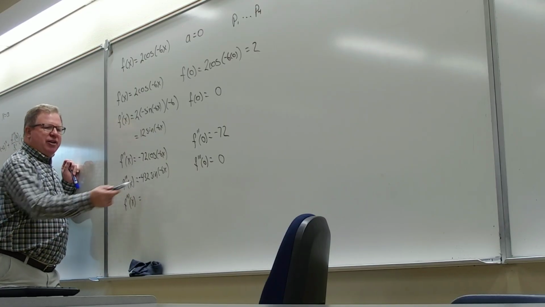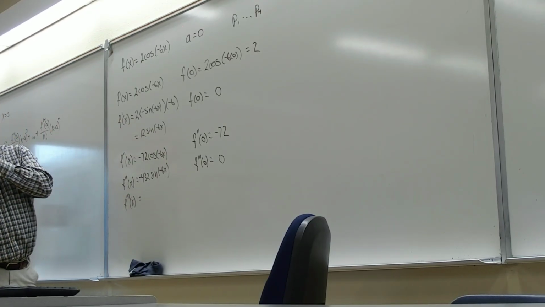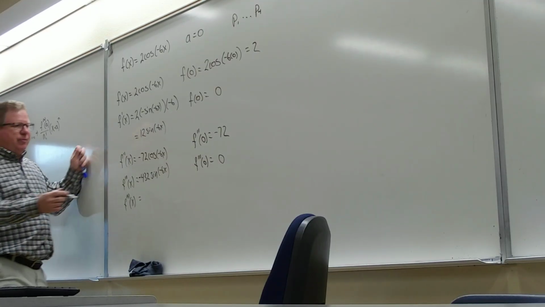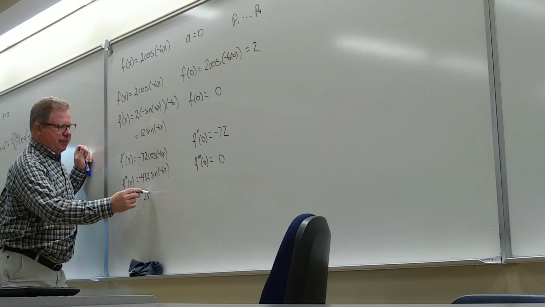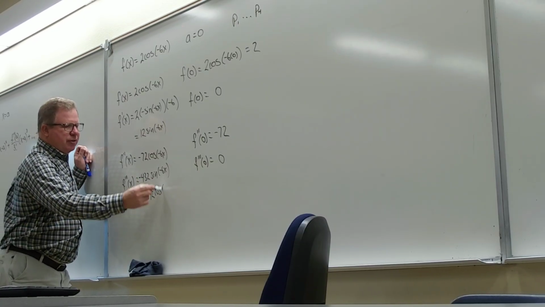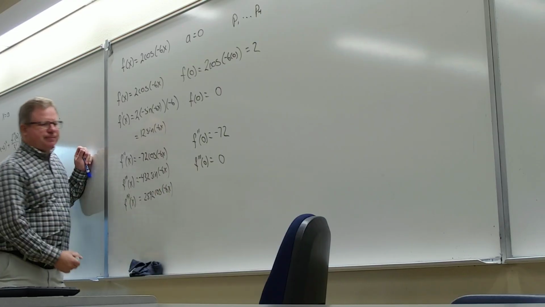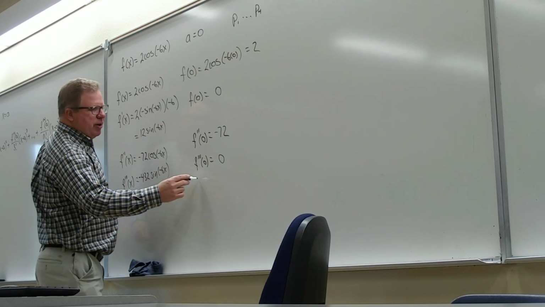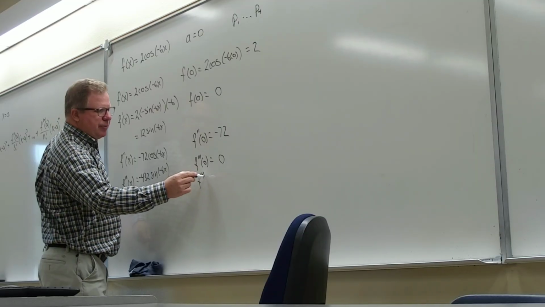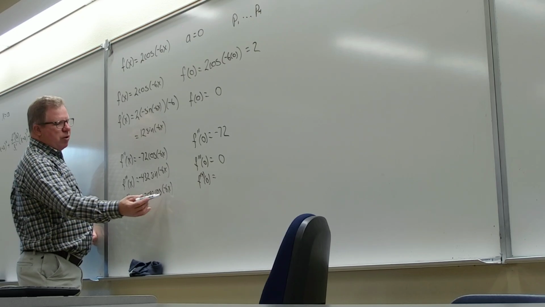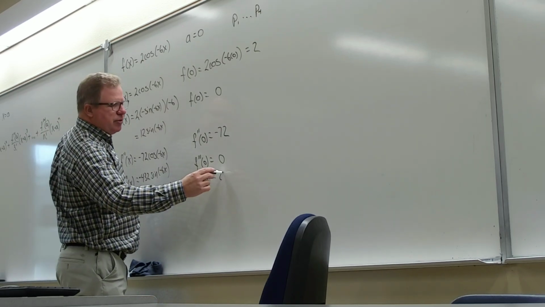Negative 6 times negative 432? 2592. Derivative of sine is cosine, negative 6x. Now the fourth degree evaluated at 0. Cosine of 0 is 1, so it's going to be 2592.